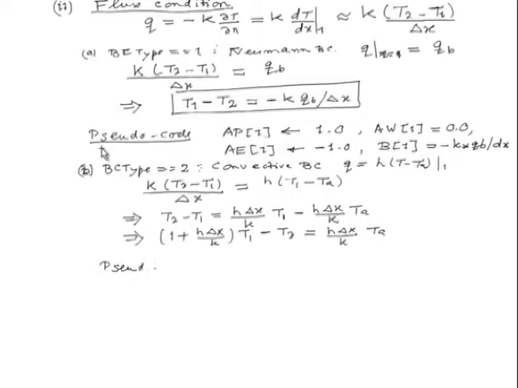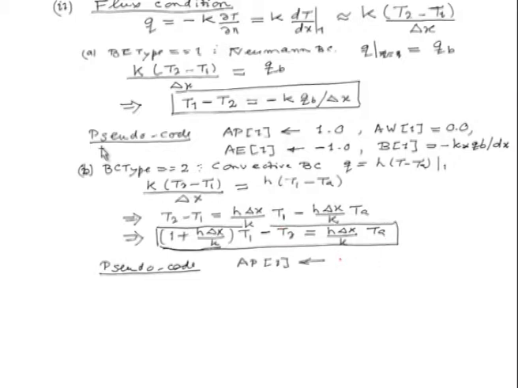So, pseudocode, that is AP of 1, this has to be set a value which is the coefficient of T1 in this equation. So, it is 1 plus H into dx divided by k. This is the value which you assign to AP of 1.